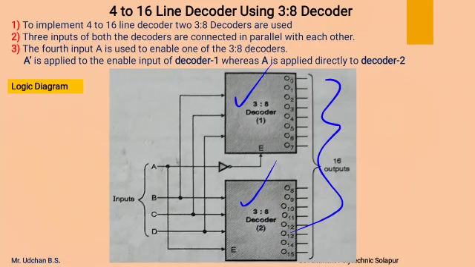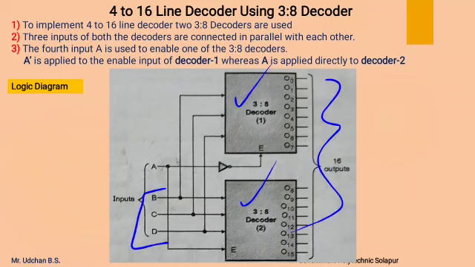16 output lines. Now we want only 4 input lines, therefore all the 3 input lines of both the decoders are connected together to make common 3 input lines.